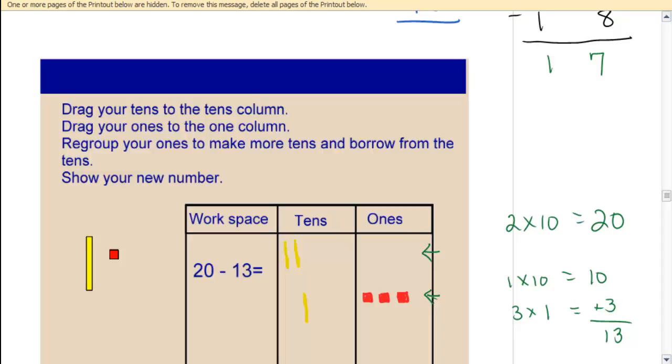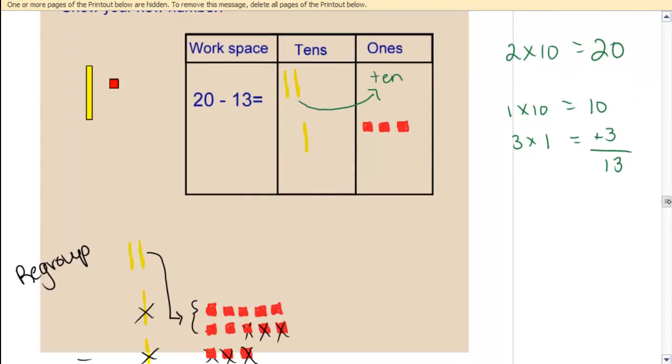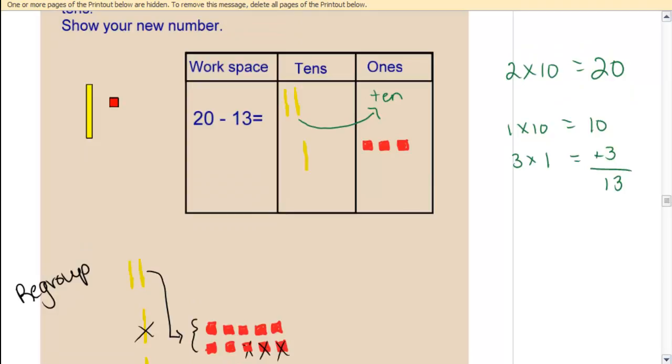So we're going to regroup. We're going to take one of the tens and break it up into 10 ones. So when we do that, our problem looks like this. So we took away one of the tens and broke it up into 10 ones, and we're left with one of the tens.